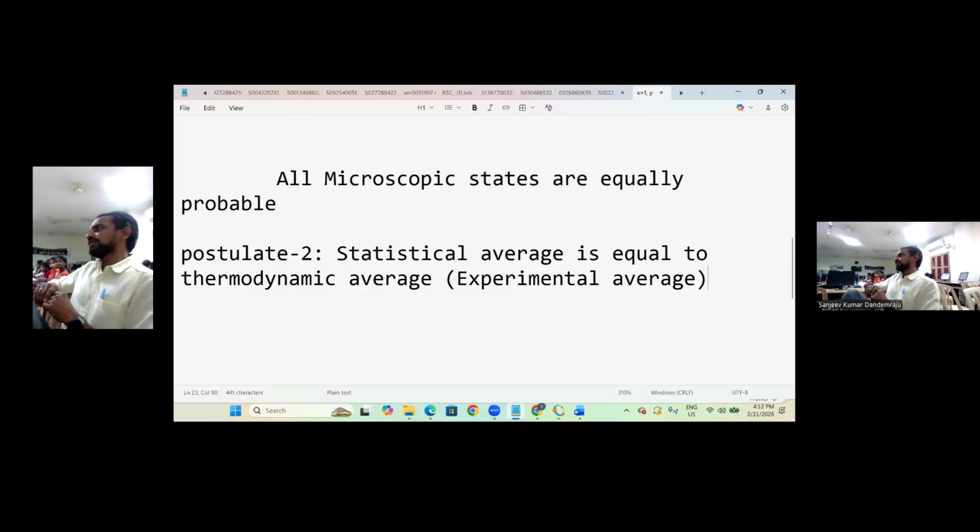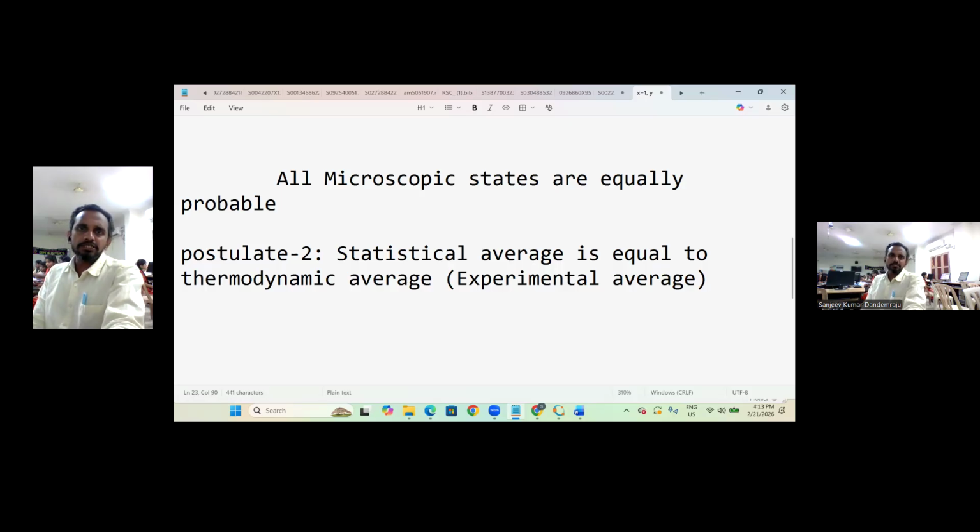Postulate 1, rule number 1, is all microscopic states are equally probable. Rule number 2, statistical average means whatever we have predicted using statistics should be equal to the experimental outcome. Okay, these are the two rules.